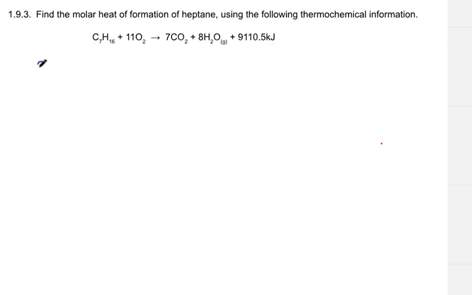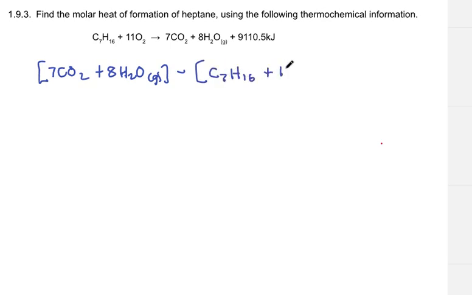So they would have taken the right side of this equation, 7CO2 plus 8H2O gas, as in steam, minus left side heptane plus 11 oxygens, and that would have given them the delta H for the reaction.